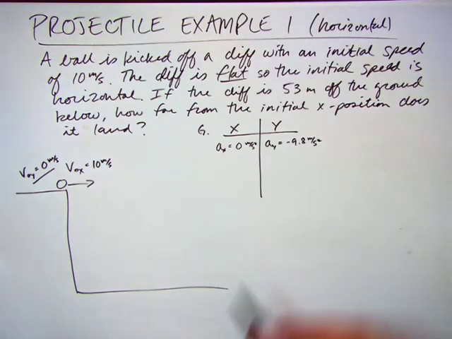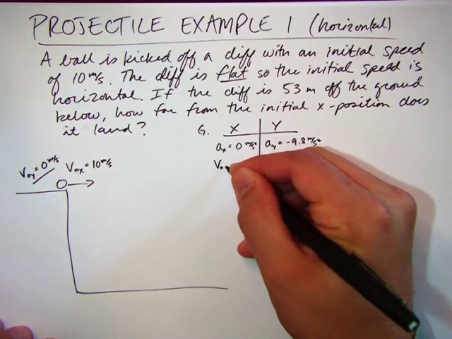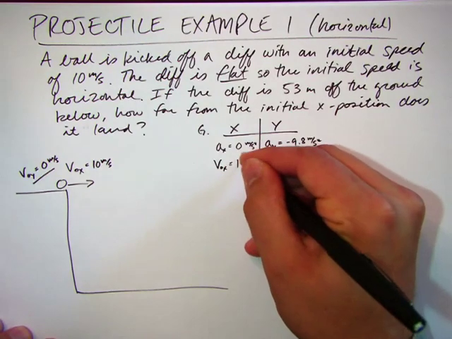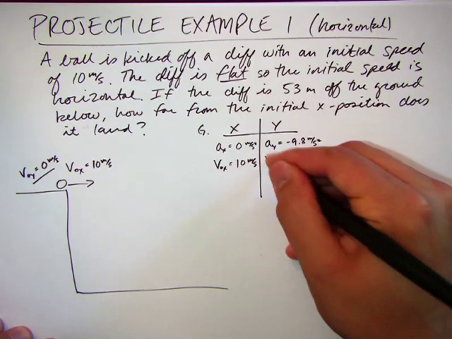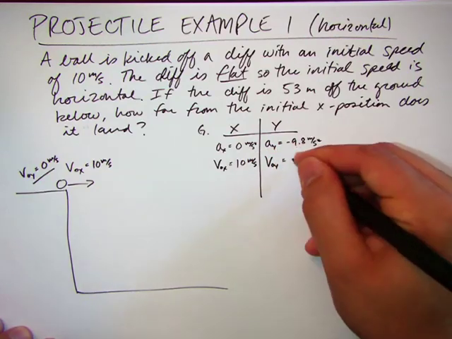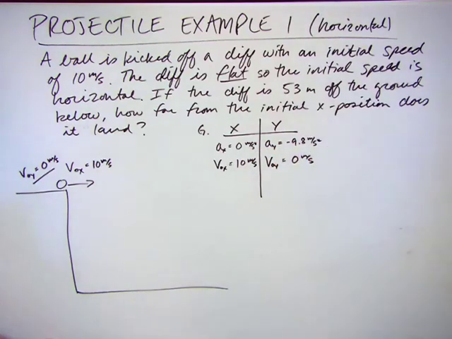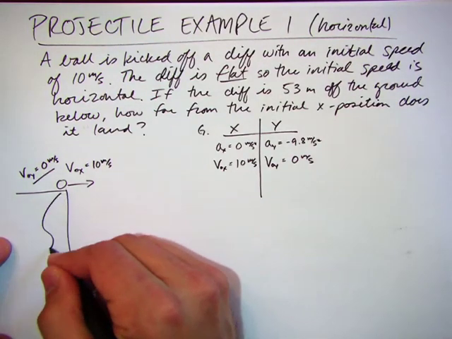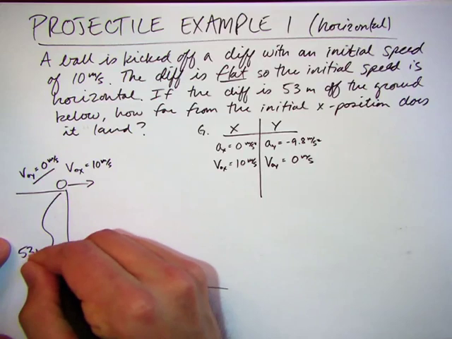All right, I also know my initial velocity in the x is 10 meters per second. My initial velocity in the y is 0, and this is a condition of a horizontal problem. All right, well, what else do I know? Well, I'm given the height of the cliff is 53 meters.